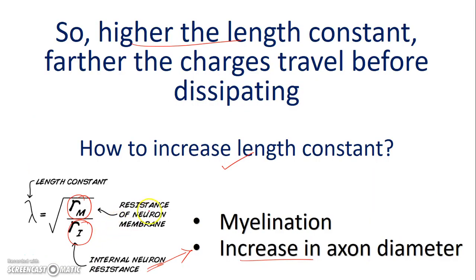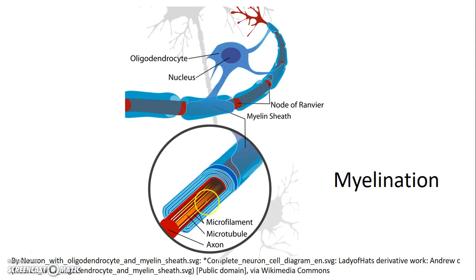The second property, the membrane resistance, can be improved by the process called myelination. Myelination is done by the oligodendrocytes in the central nervous system and the Schwann cells in the peripheral nervous system. Here, multiple layers of membrane of either the oligodendrocyte or Schwann cell are wrapped around the axon. It can be represented like this.